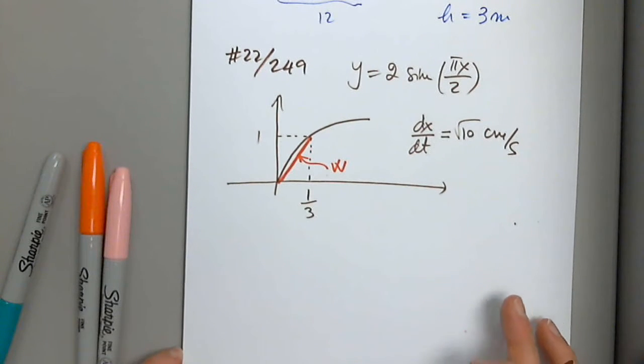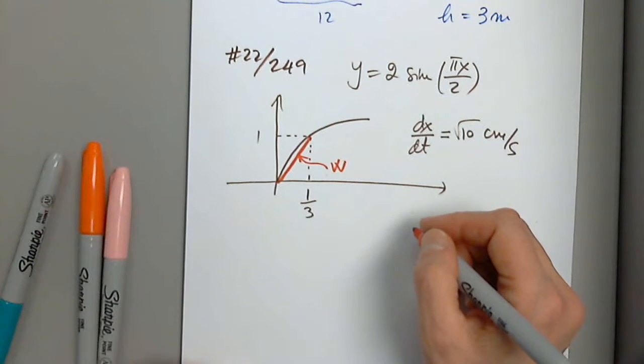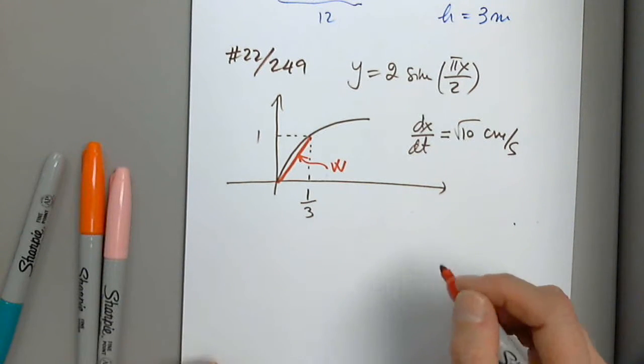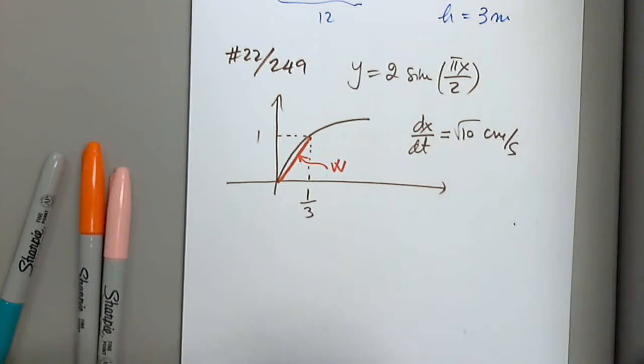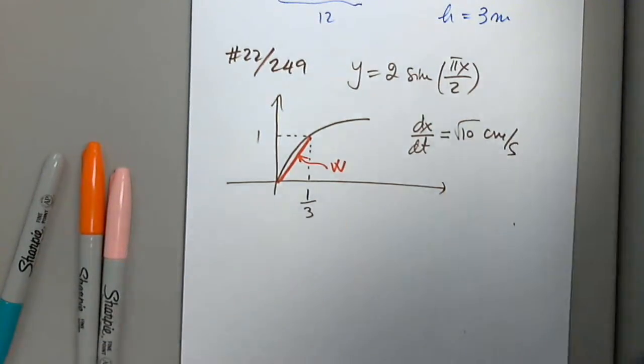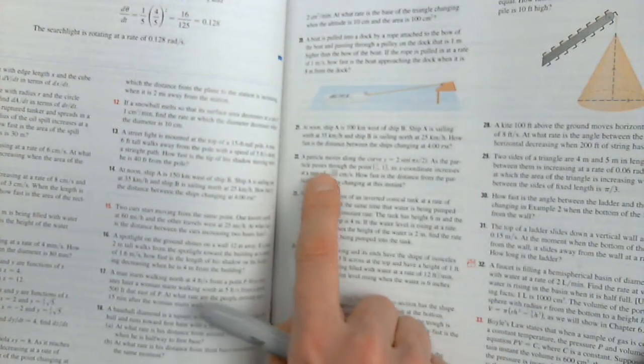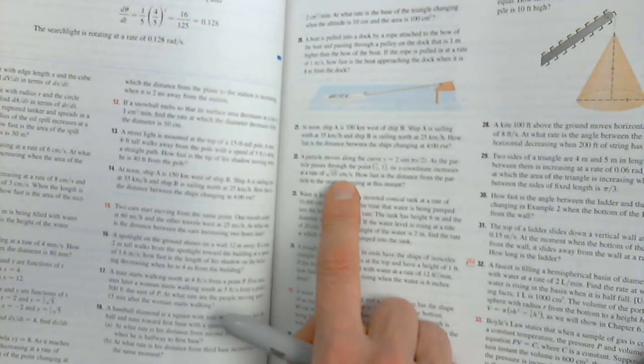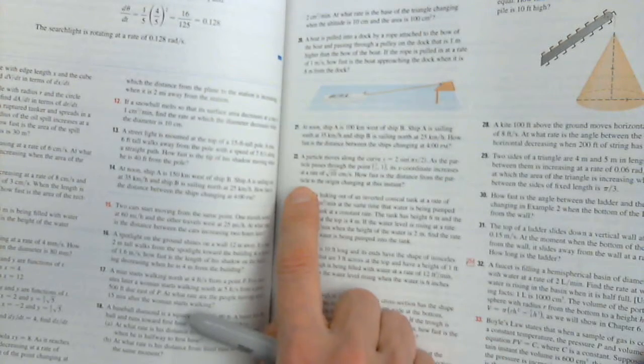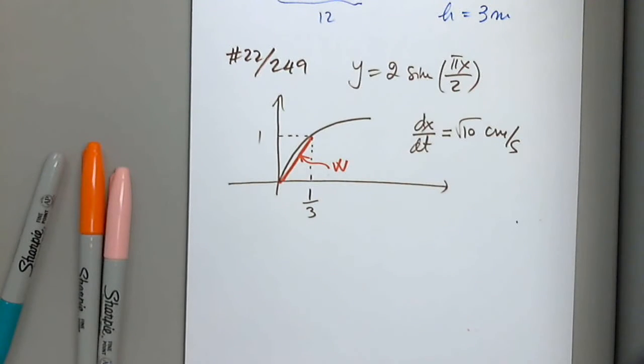So before we read the problem one more time, what is the question here? What are we asked to determine? Let's read it one more time. A particle moves along a curve. As the particle passes through this point, its x coordinate increases at a rate of the square root of 10 centimeters per second. How fast is the distance from the particle to the origin changing at that particular instant?